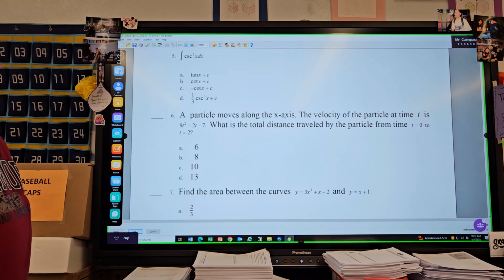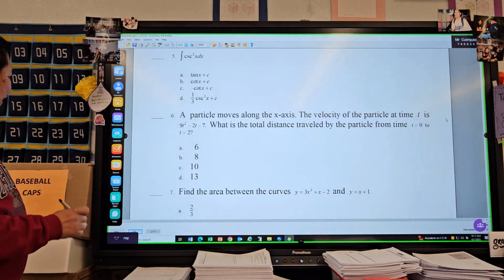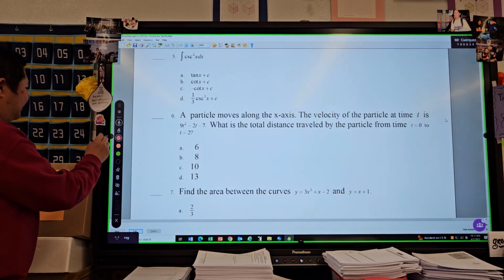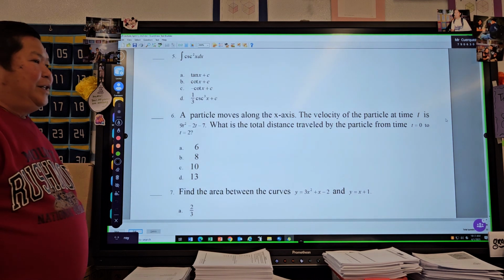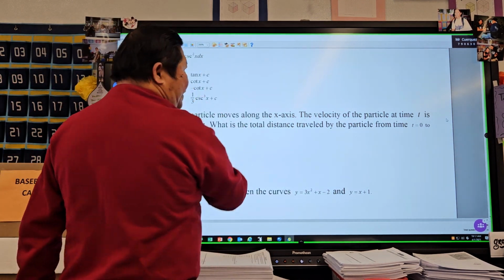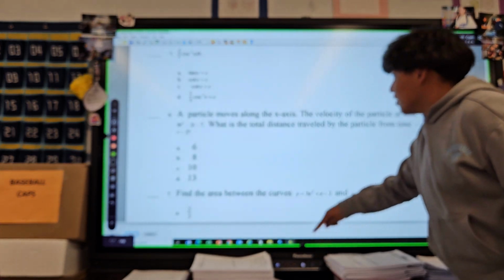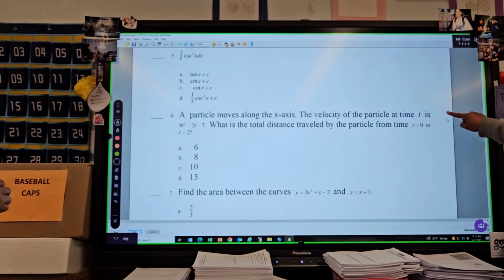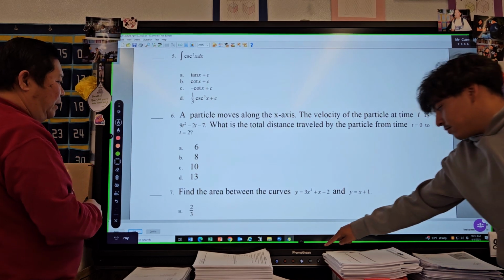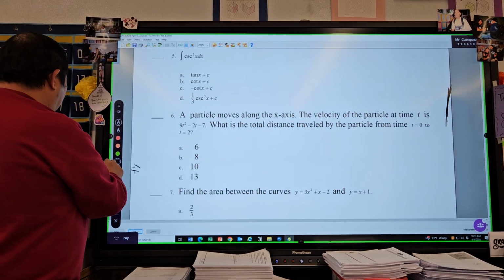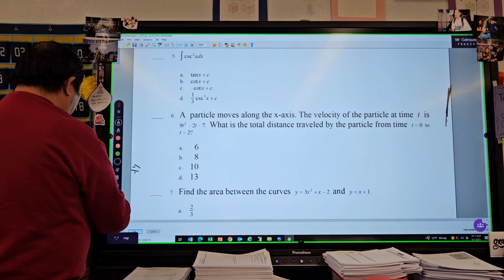Number 5. You should freeze it. Should I freeze it? Okay. Try to annotate. Is it good? Oh, never mind. There we go. Can't freeze it. You need to annotate.